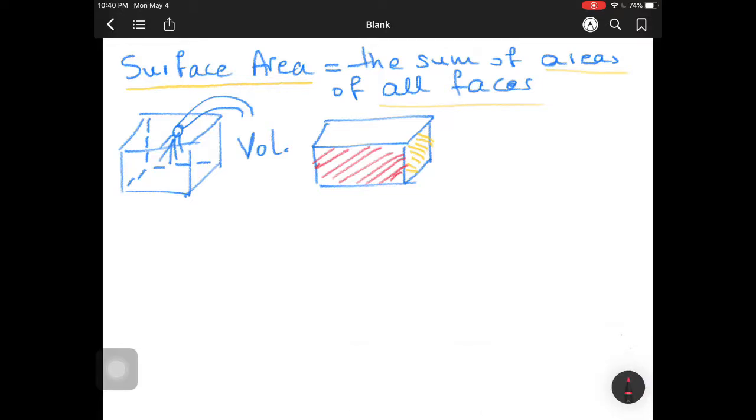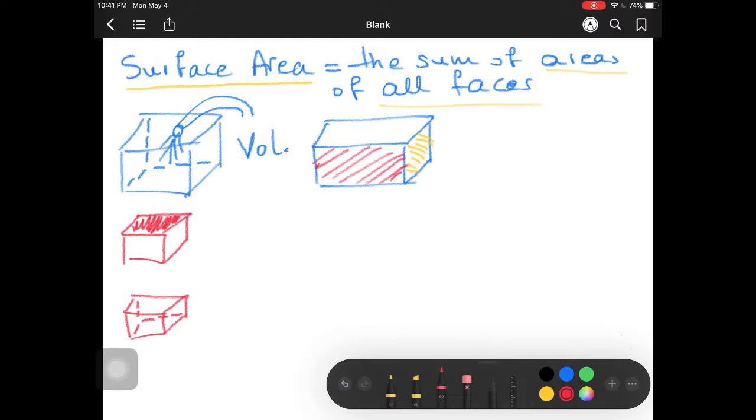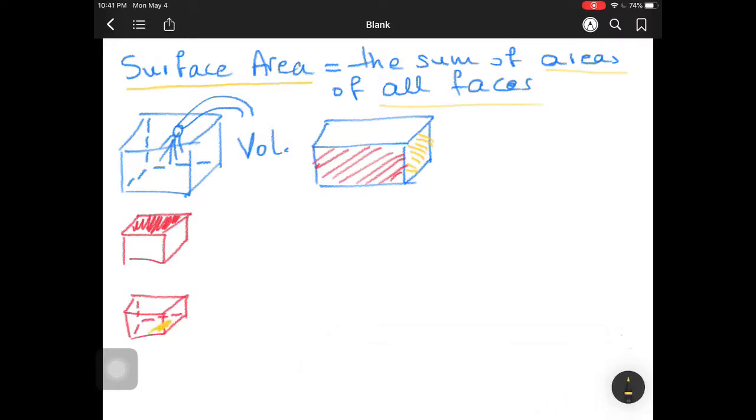So let us draw this here quickly. This is called the top face. And this one here is called the base.